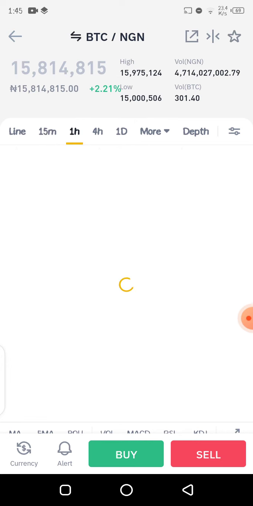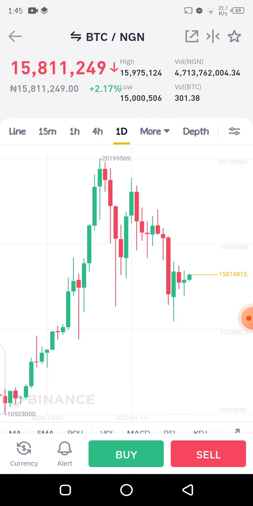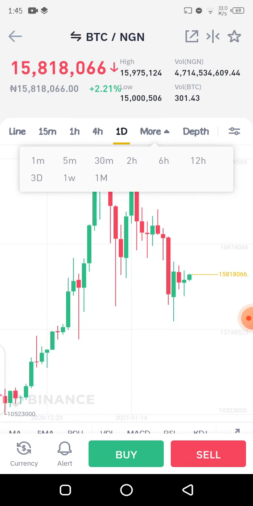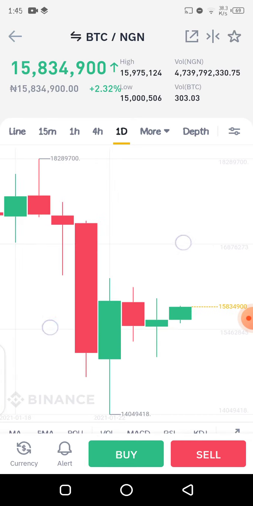We have 1 hour, 4 hours, 1 day, and more also: 1 minute, 5 minutes, 30 minutes, 2 hours, 6 hours, 12 hours, 3 days, 1 week, and 1 month. Now what do those mean? Each of these candles represents whatever is selected here. We are on 1 day, so each of these candles represents a day, a day, a day.